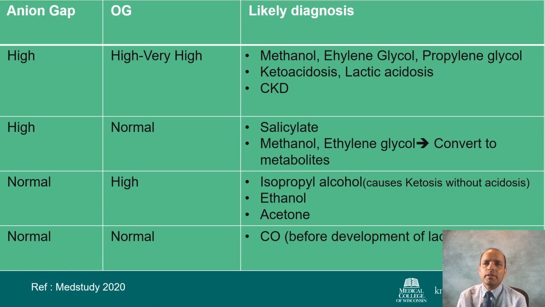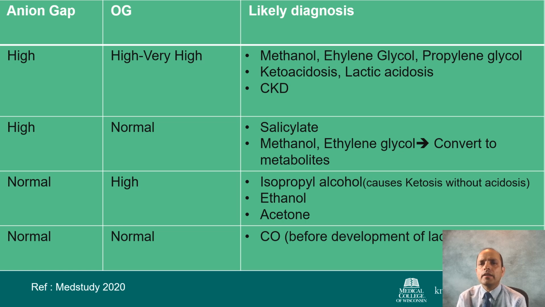All right, so this table is a really important table. It helps you answer many questions in the exam. As you can see here, whenever you have a very high anion gap, you need to be thinking about alcohols like methanol, ethylene or propylene glycol, and sometimes you can also get it with ketoacidosis and lactic acidosis.